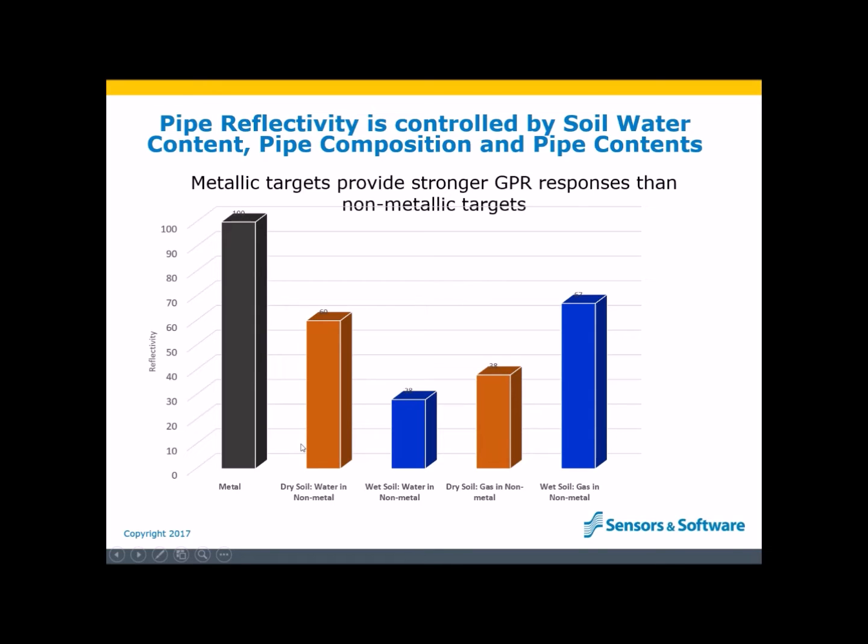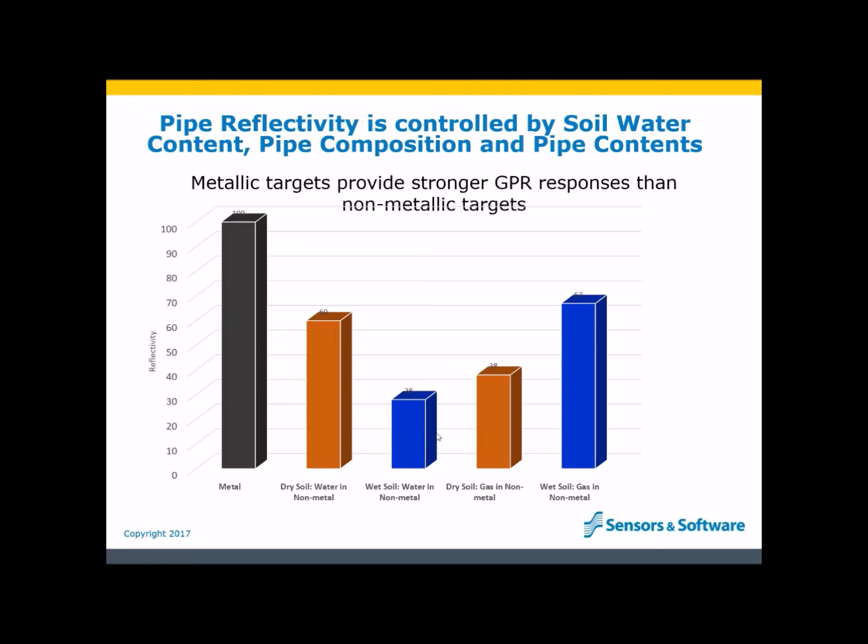The reflection coefficient is now 67%. Besides metal, one of the highest reflection coefficients yet. So, if you want to have a better chance of finding a non-metallic gas line, wait until the wet season, when the ground is saturated with water, and you might have a better chance. This just might be information that you're not expecting to hear.